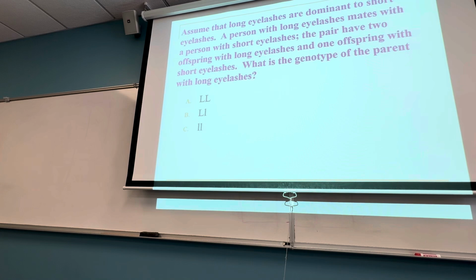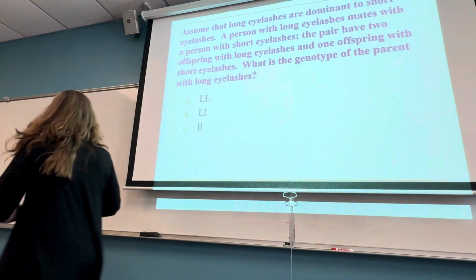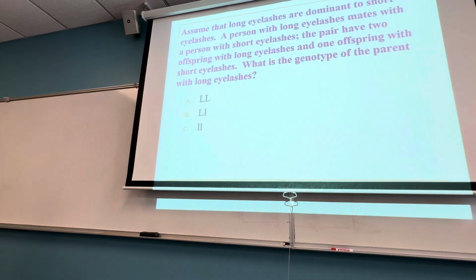Again, I know some of you are like, got it, don't do anything. You're very gifted. For me, I like to write everything out. So I'm going to write out all my information: long eyelashes dominant, short eyelashes recessive.